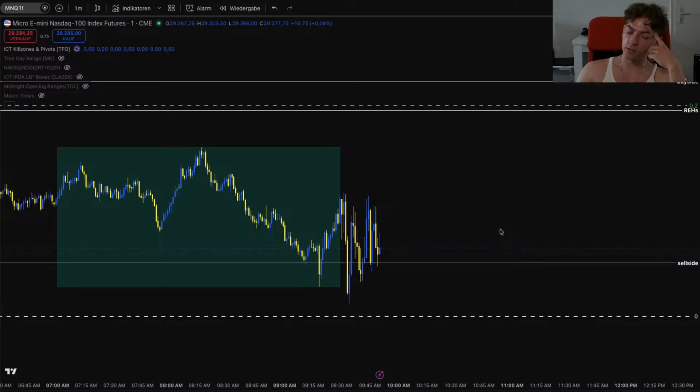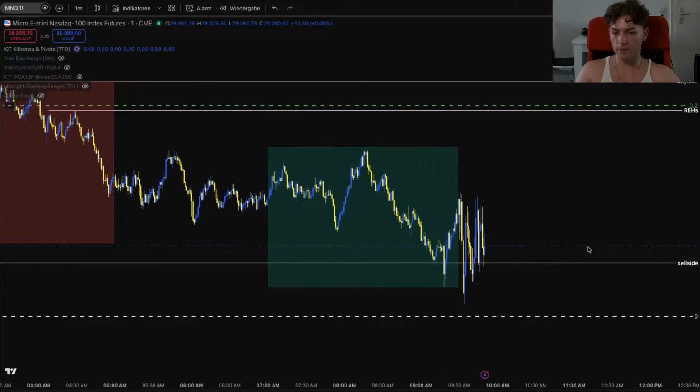So it seems like on the daily chart we are looking for the daily low, which is 28,520 half. So that's what I'm expecting. I'm expecting these daily relatively equal lows get taken.